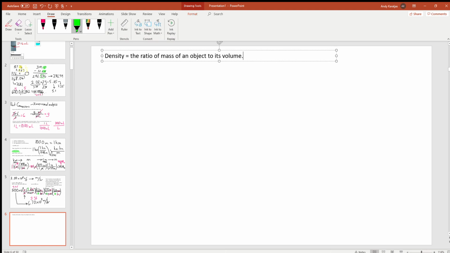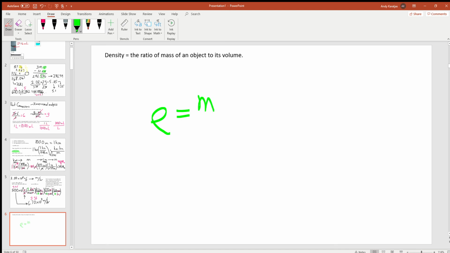And the equation for density, which we abbreviate with the lowercase rho, is equal to the mass of an object over its volume.